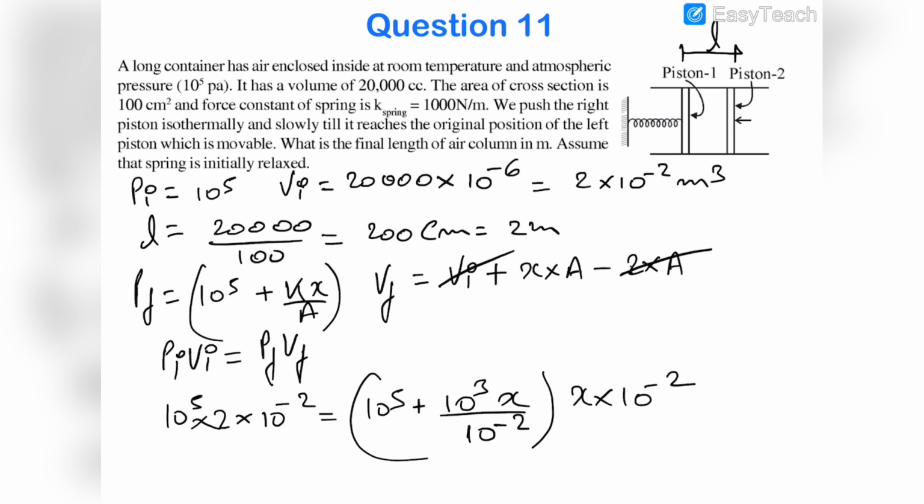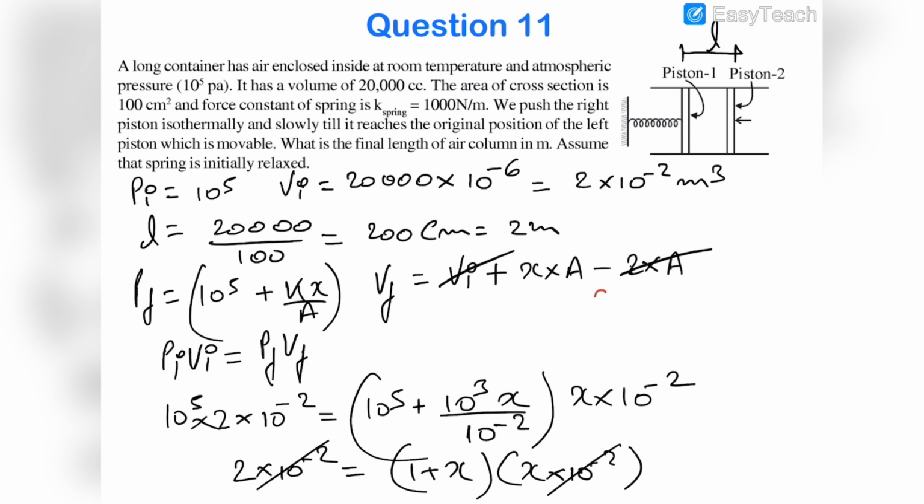So you can see that 10 to the power 5 is cancelled out. So 2 into 10 raised to power minus 2 is equal to (1 plus x) into 10 raised to power minus 2. Cancelling this, the equation is x into (x plus 1) is 2. So obviously x is equal to 1. So the correct answer is x equal to 1 meter.